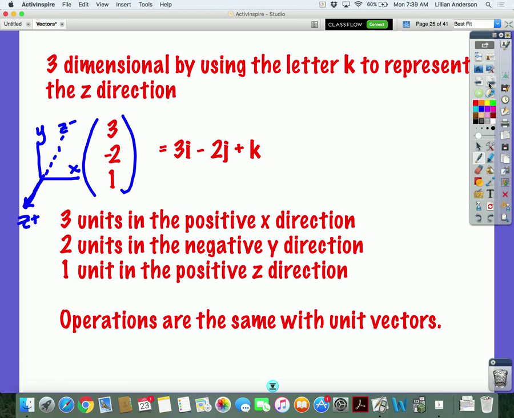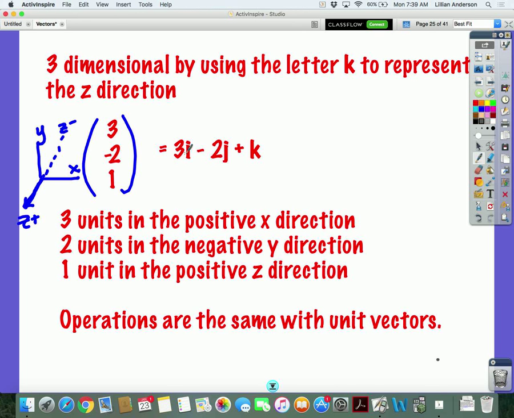For example, 3, -2, 1 means 3 along the x direction, -2 in the y direction, and 1 in the z direction. Then you'll have 3i minus 2j plus k there.